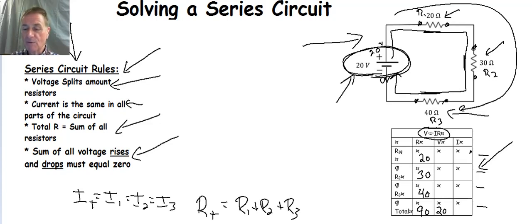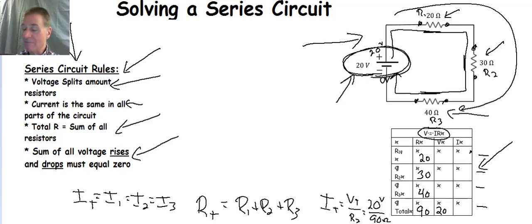Well, the only row that has 2 pieces of information is the total row. I have the resistance of 90, I have the voltage, which is 20, and so I can get the current using Ohm's law. So V equals IR, or I total is equal to V total divided by R total, which is going to be 20 volts divided by 90 ohms.